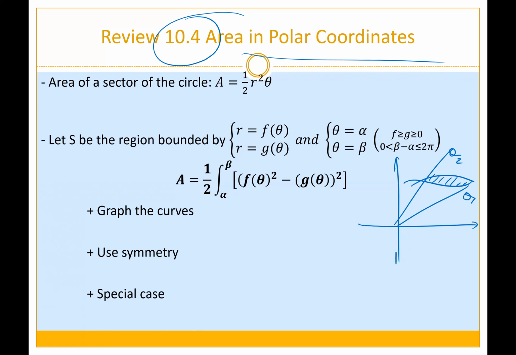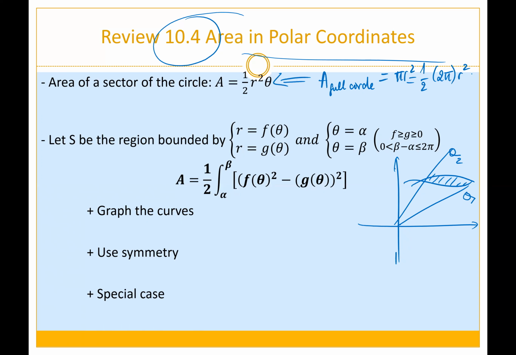So this is the way that you're going to find it. It comes from the fact that the area of a sector of a circle is A equals half r squared theta. And this also comes from the area of a full circle, which is pi r squared, which is half of 2 pi, the angle, times r squared.